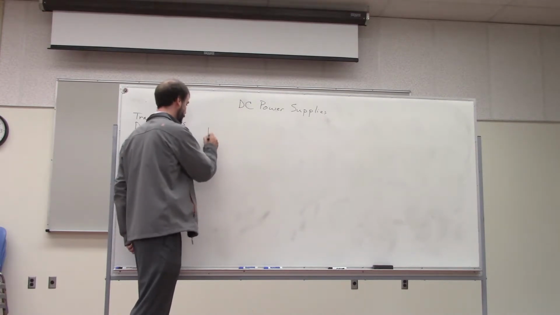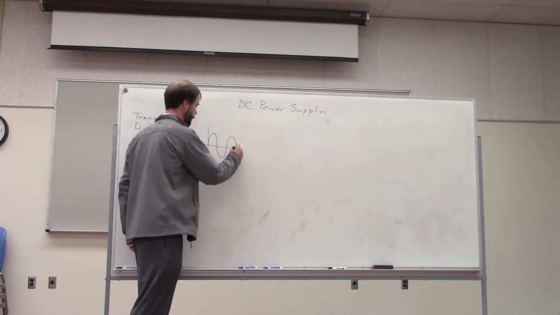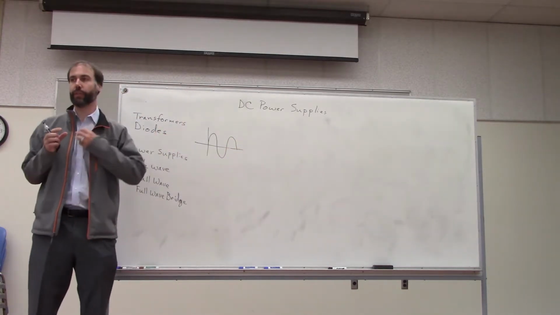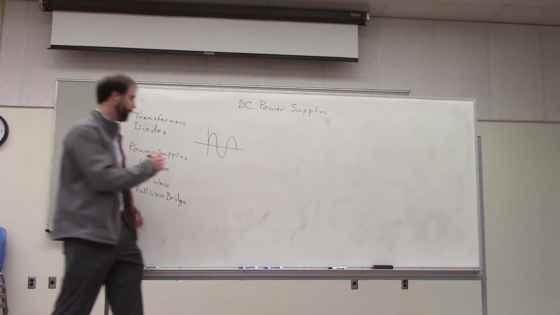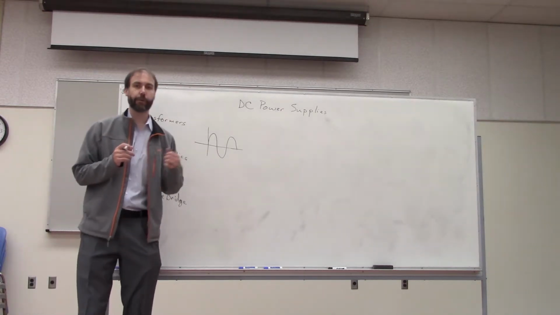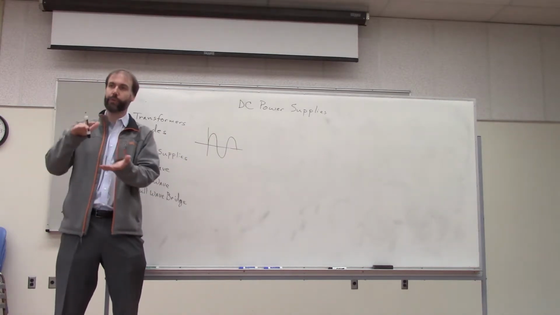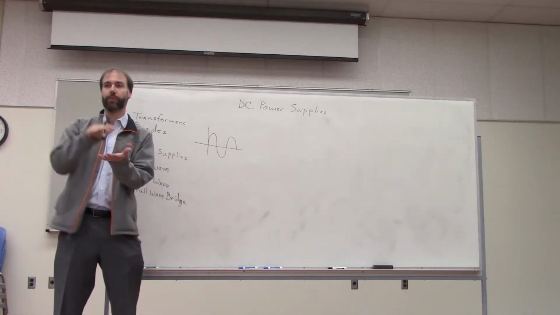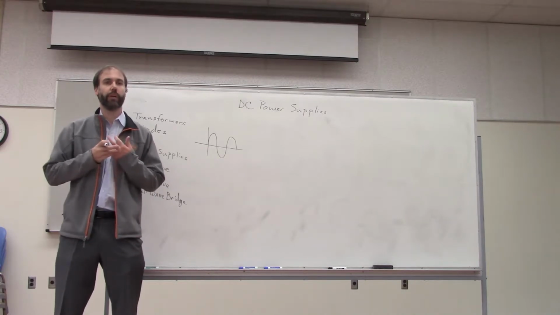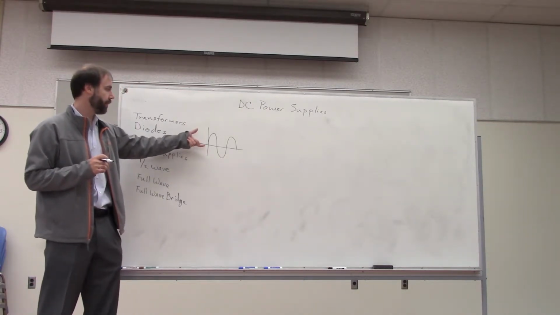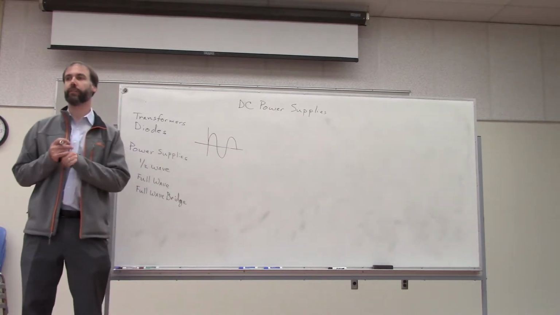So we're starting off with a big AC signal. And we want to convert it down to a smaller DC signal, right? We said that was the purpose of the power supply. So the first thing that most power supplies do is they work on that voltage. They take the voltage from a higher level to a lower level. So what component could we use to take a high voltage AC signal and make it into a lower voltage AC signal?